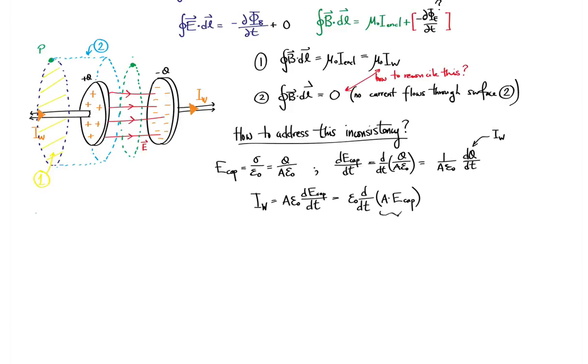So this is just my electric flux. It's the integral of the electric field over the entire area of the plate. Since the electric field is constant over the plate, we can just say it's E times the area of the plate. So this is my phi sub E. So I can write this as epsilon naught d phi sub E dt.